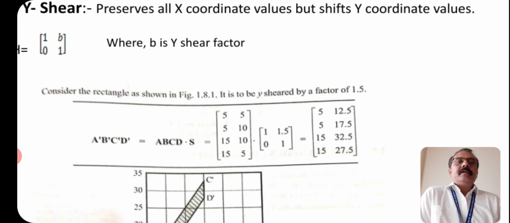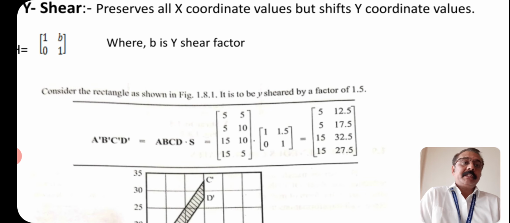Therefore, the new position A dash B dash C dash D dash is equal to the original matrix ABCD into the shearing matrix S. Therefore, 5 5, 5 10, 15 10, 15 5 into the shearing matrix 1 1.5 0 1. After multiplication you will get 5 12.5, 5 17.5, 15 32.5 and 15 27.5.